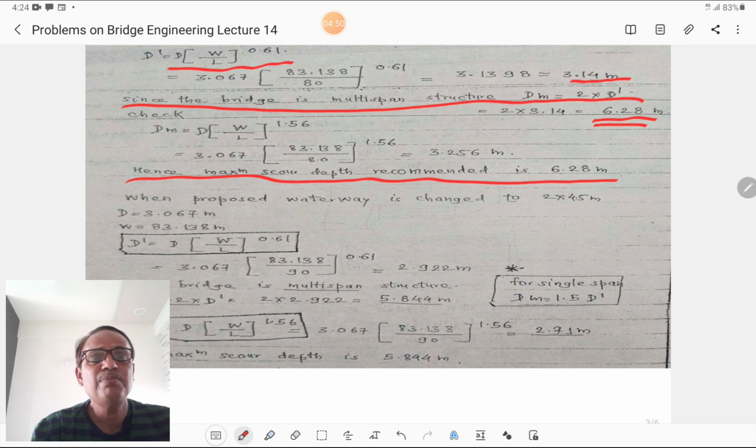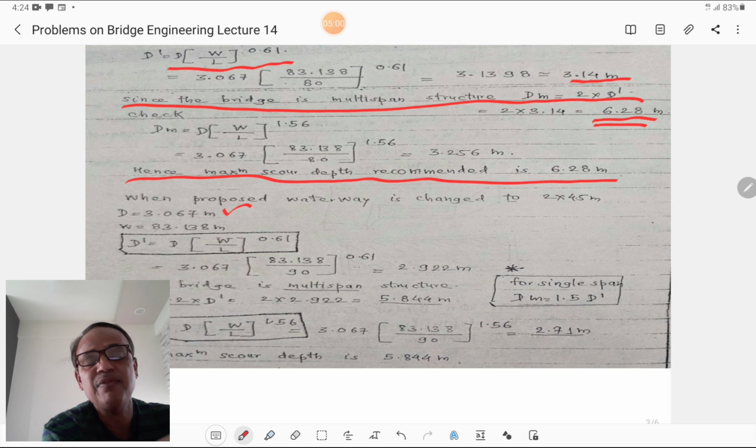And when the proposed waterway is changed to 2 into 45 meter, we know that the value of D is common, that is calculated by Lacey's formula in the first example, that is 3.067, and we know the W also, that is 83.138. So what is D dash? D dash is equal to D into (W by L) raised to 0.61.